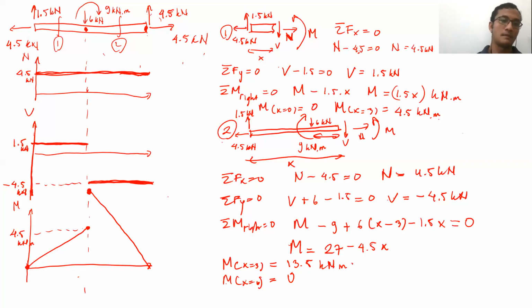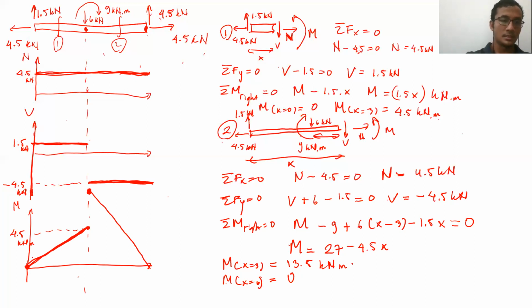Then for the moment diagram, okay, the value at the beginning is going up, the gradient is positive. The gradient here is positive because the shear force value there is positive. Remember that the moment equation is supposed to be the integration of the shear equation.